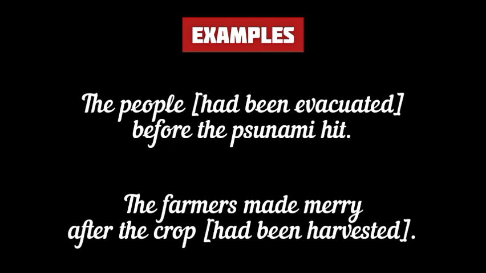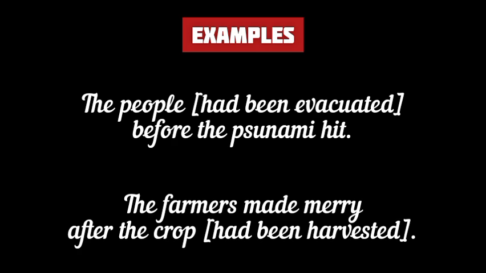The verb had been harvested is in past perfect tense passive voice, which shows that the act of harvesting the crop was completed already, and so the farmers were making merry afterwards. Clearly, in these two examples also, the verbs had been evacuated and had been harvested show the earlier and completed past activity.